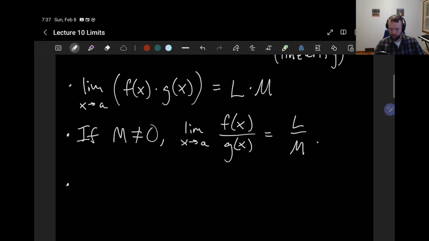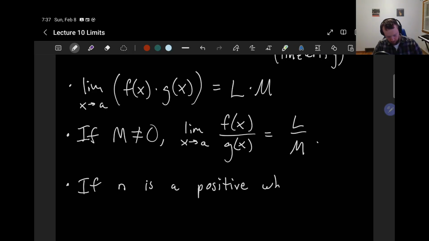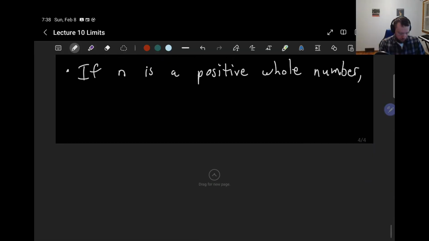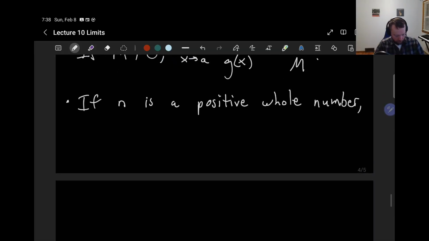Next, sort of a 2-for-1. Going to introduce this little n. If n is a positive whole number, so for example, 1, 2, 3, 4, 5, 6, etc., then we get the following property.